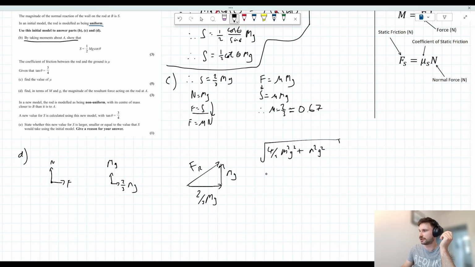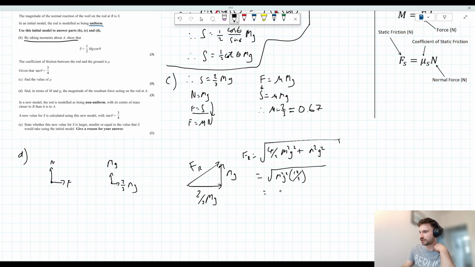We can factorize the inside of that root there, so we can say m squared g squared brackets, well, it's going to be 4/9 plus 1, which is going to be 13/9. Okay, we can then simplify here.